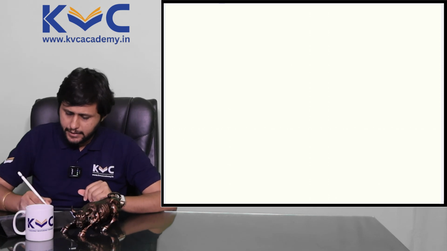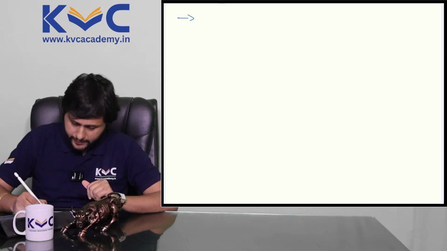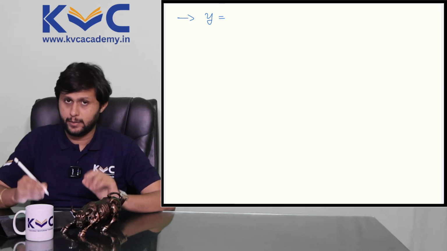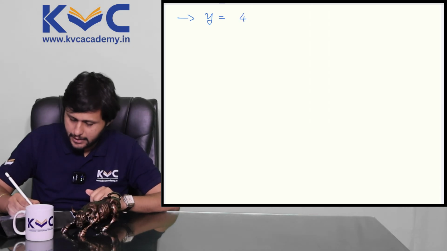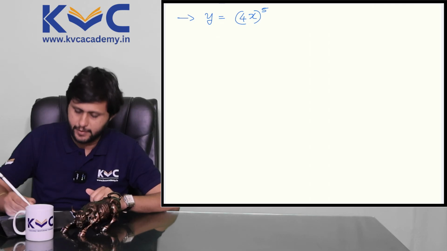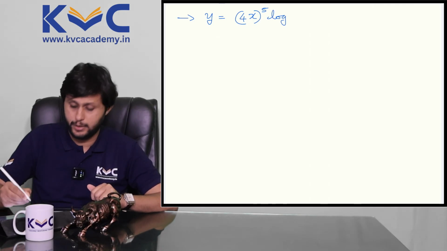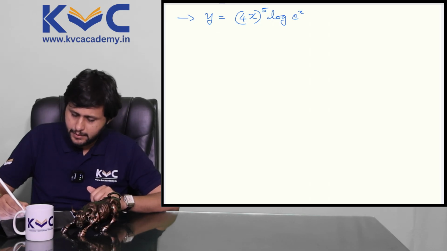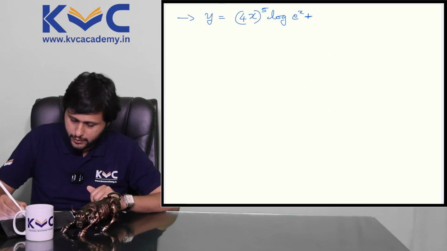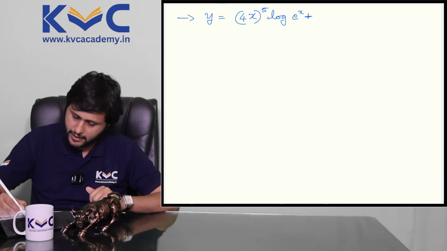Now I'll try to combine even product rule over here. Okay, we'll put y is equal to, I want chain rule as well as product rule. So we'll take 4x to the power 5, into log e to the power x, plus e to the power x into root x plus 9.